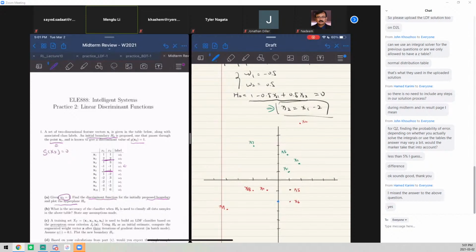Let's set y equal to 0, and then the x-intercept will be 2. The boundary will look like this. Yeah, something like this. That's H0.